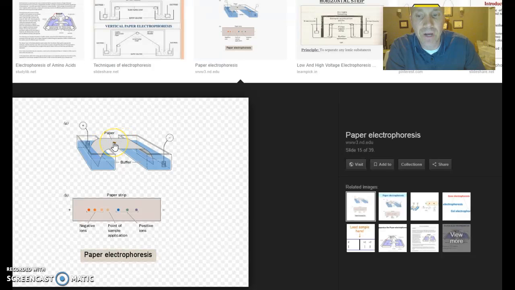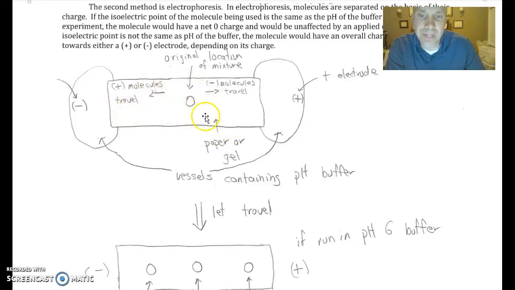Your positive molecules are going to move this way, and your negative molecules are going to move that way. If something has a +2 charge, it would move faster than something with a +1 charge.